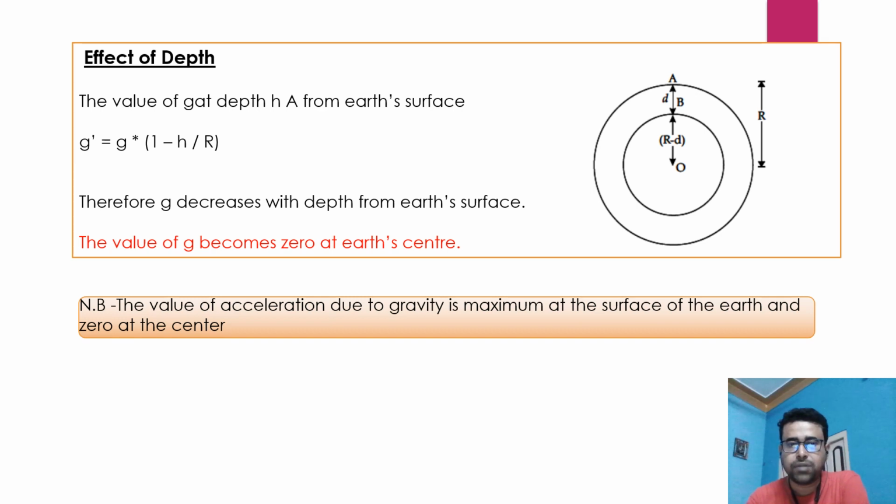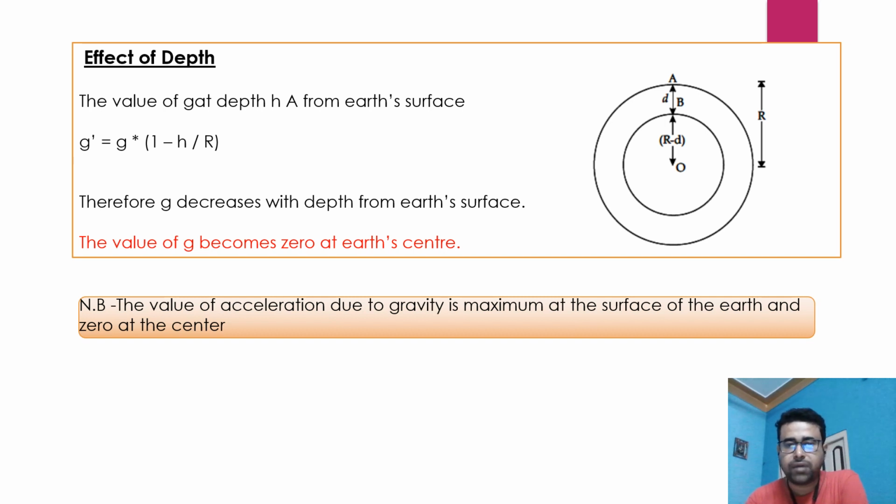So the formula for that: g dash, that means acceleration due to gravity at point B in the picture, is equal to g into (1 minus h by R). Okay, so the value of g, meaning acceleration due to gravity, becomes 0 at the center of the earth. That you have to remember in this particular slide.